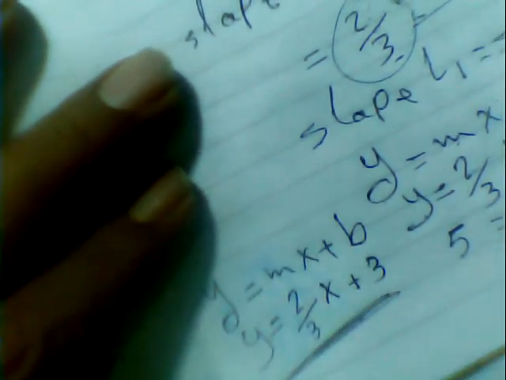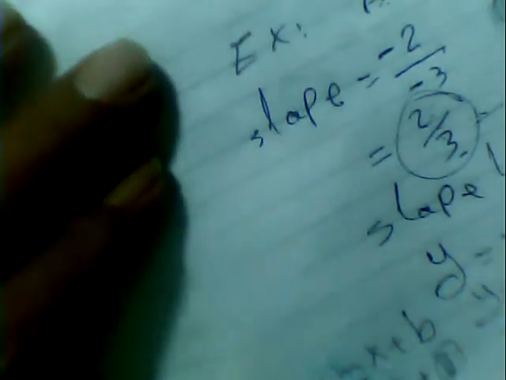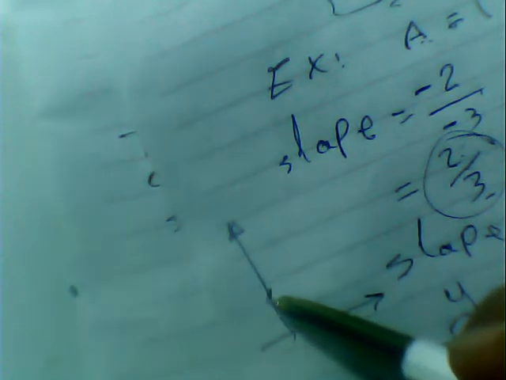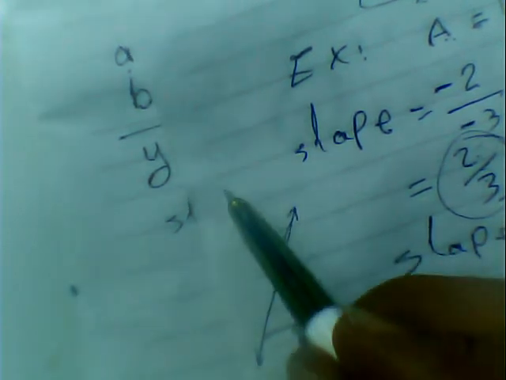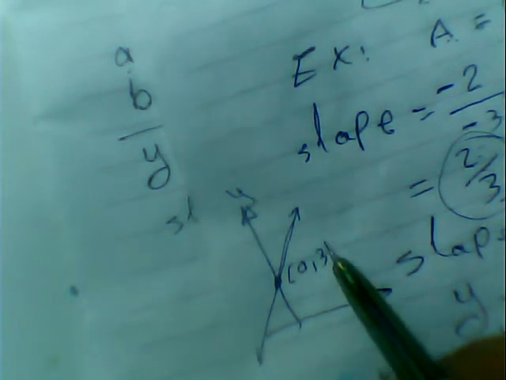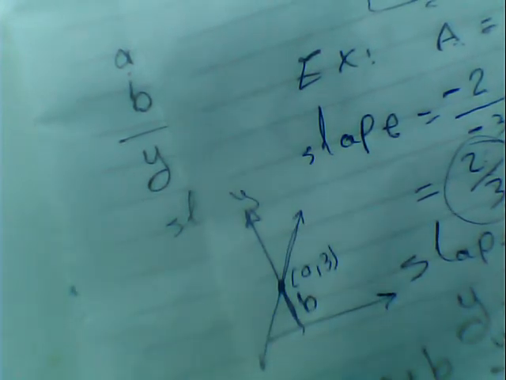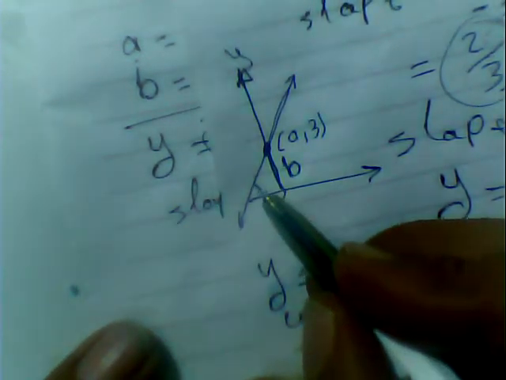Then this is the equation we need: y equals slope times x plus b, where b equals 3. If the line crosses the y-axis at the point (0, 3), this height equals b. And the slope m means tan theta.